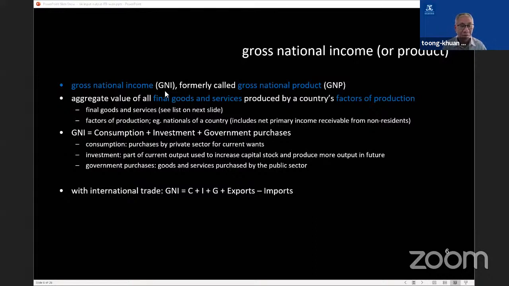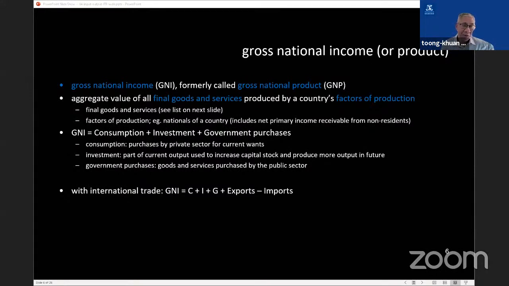Can you see the difference? An Indonesian company operating in Singapore will report GNI Indonesia, but GDP Singapore, because it is produced within the country of Singapore. So it is part of domestic product of Singapore, but it's also calculated as GNI Indonesia.